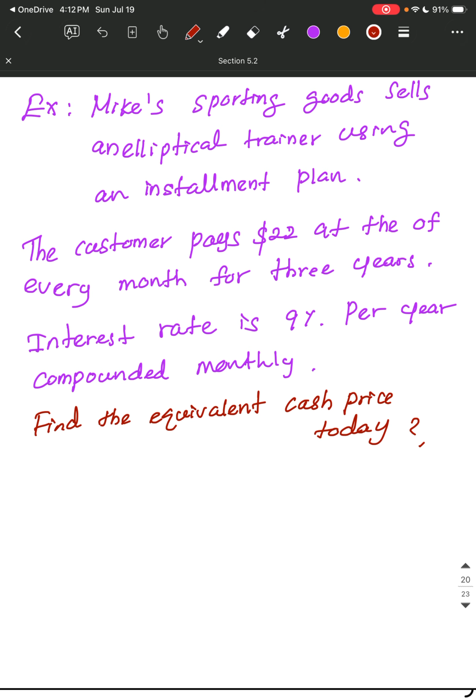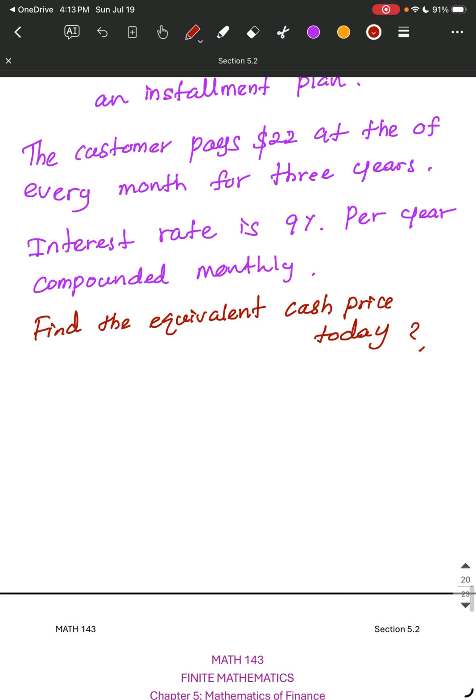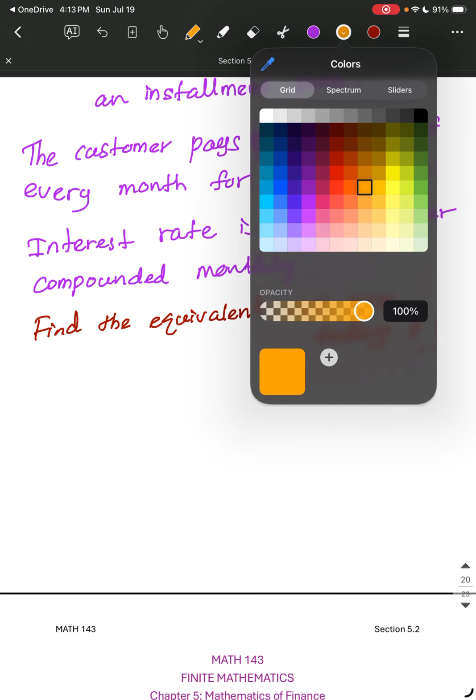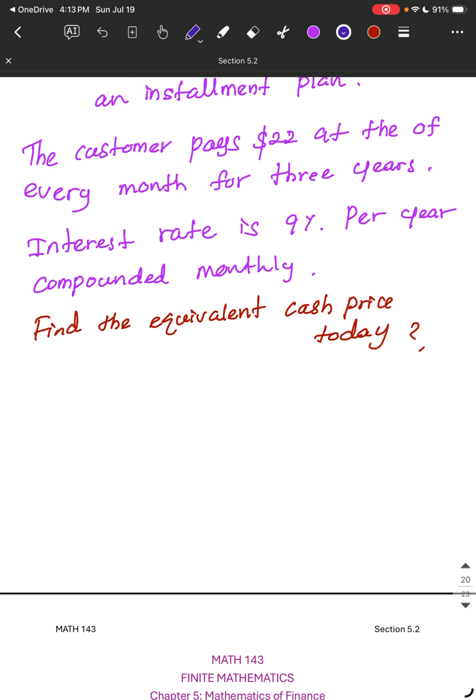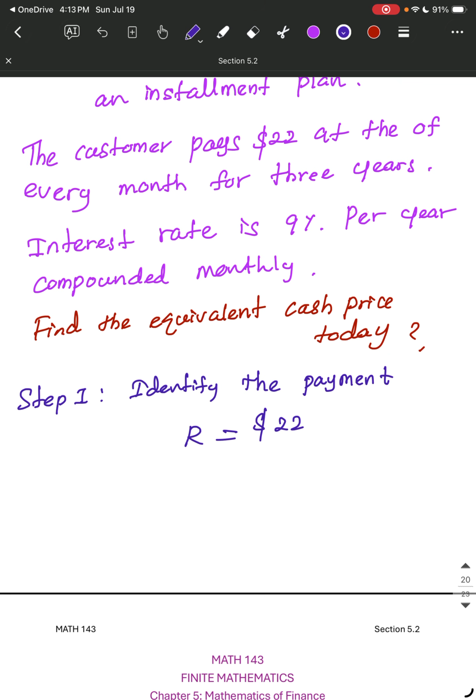So then let's go for the step-by-step solution. Step 1, identify the payment. So the monthly payment, $22, that would be R. Step 2, find the monthly rate.